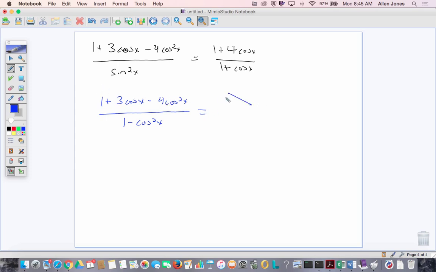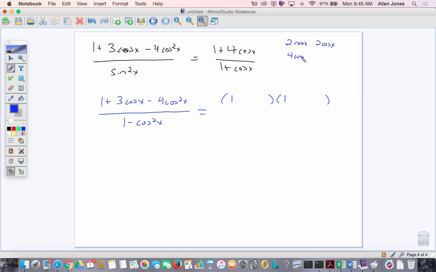Taking a closer look, my numerator has 1, 2, 3 terms, so it's a trinomial. So I'm going to factor it, essentially reversing the FOIL process. To get 1, I can multiply 1 times 1. So the first term of each of my binomials is 1. To get 4 cosine squared, I actually have two choices.